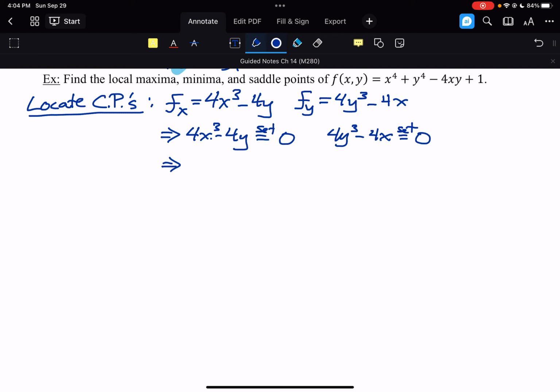Okay, you can divide away the 4. You can add one value over, so you're going to get y equals x cubed. Now, if we take this, y equals x cubed, and substitute into this one, we get x cubed cubed minus x equals 0.